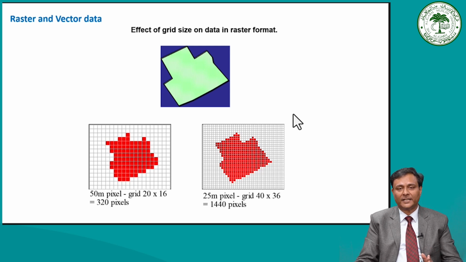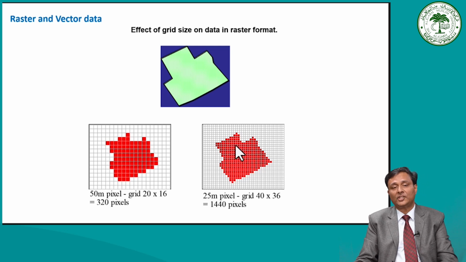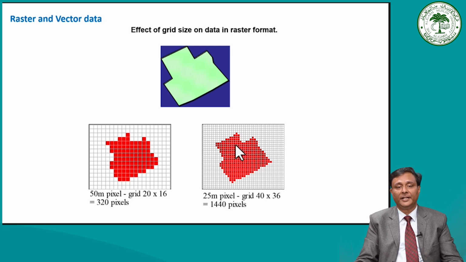But it gets better with smaller pixel size or with better resolution, both in terms of its shape and also in terms of the area which we might be calculating, because it is the spatial information which we want to depict in the digital format.